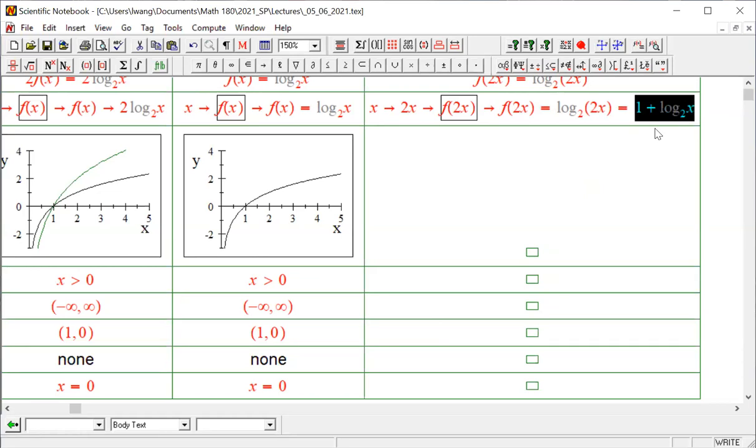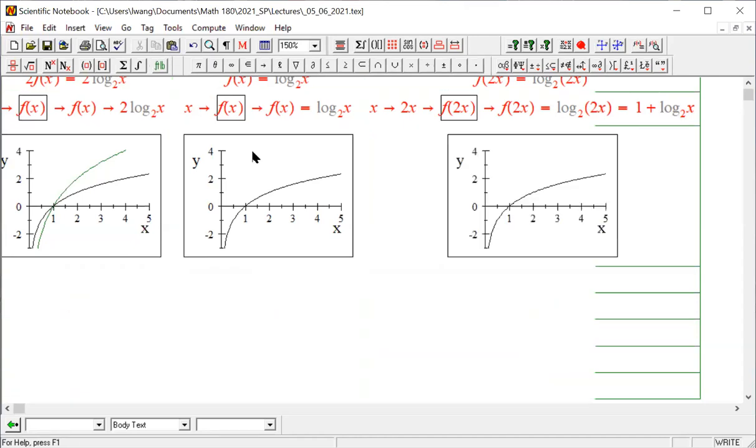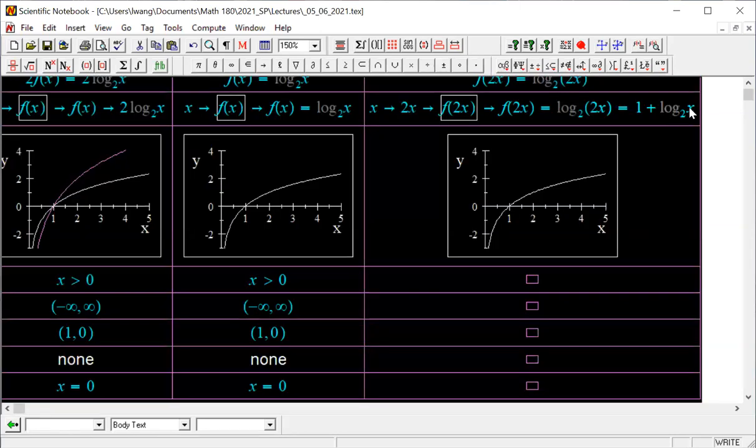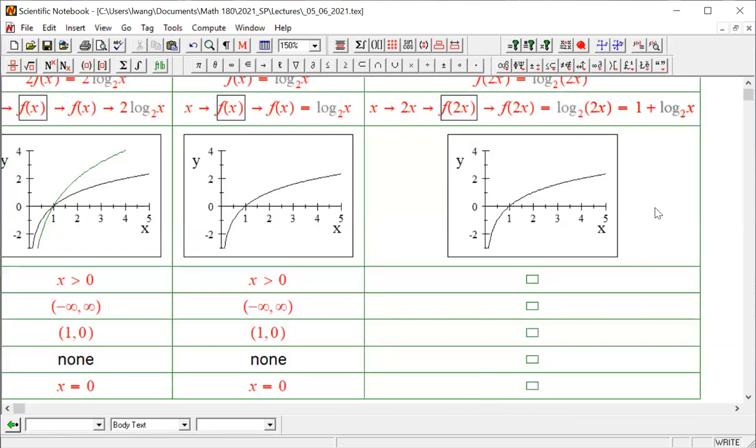Doesn't that look familiar? Did we do f of x plus 1? So what should we expect? A shift upwards. That's right. It's shifting upward by 1 unit.